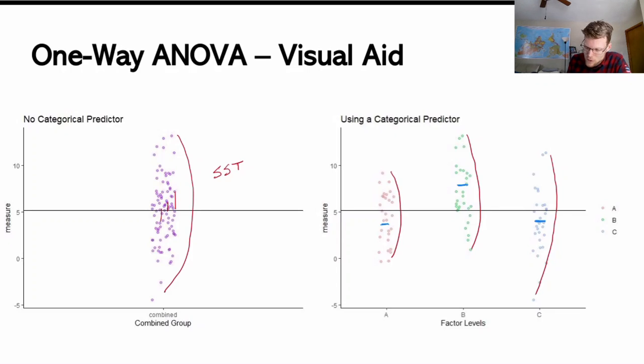I'll use dashed lines to show you how I have some variation among my groups, and that's represented by my sum of squares between. So if I look at this variation from group mean to group mean plus the variation within each of the individual groups, that should equal the total amount of variation that I began with in this first line.